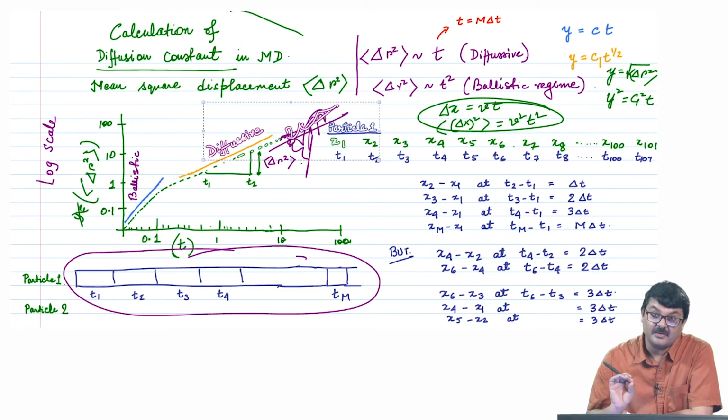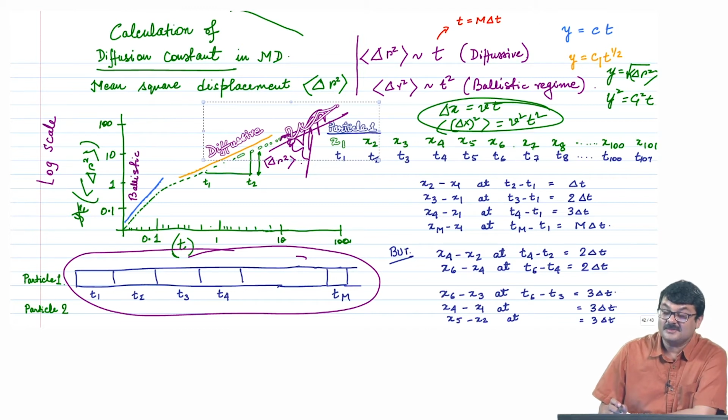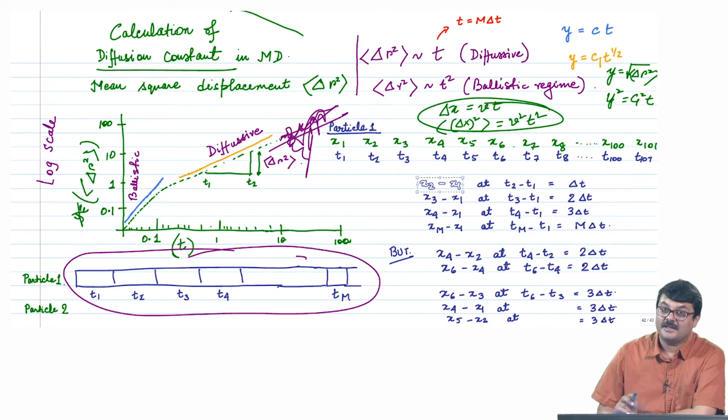Now, there is one more thing you should keep track of. If you just keep the positions of the particles, remember that over long times particles are going to cross periodic boundary conditions, right.